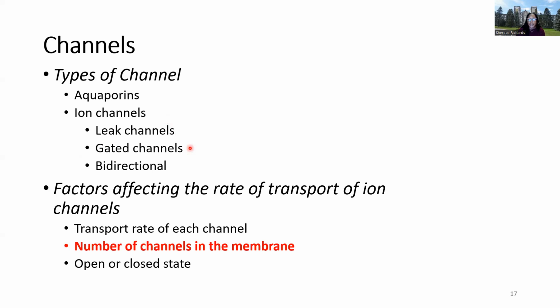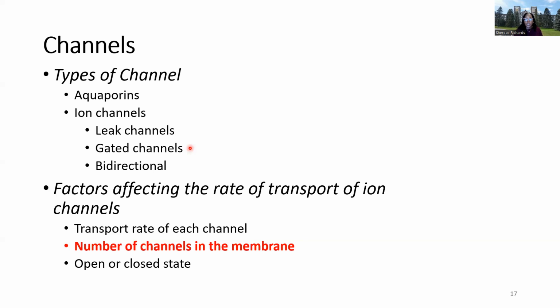All right. And when we move on to chapter 7, we'll talk about some of the subtypes of gated channels. So depending on what condition needs to be met, it could be a voltage gated channel where the cell has to get to a certain membrane potential, and then that channel would open up. It can be a ligand gated channel. This is where something has to bind, right? Some type of ligand has to bind, and that would activate that channel.